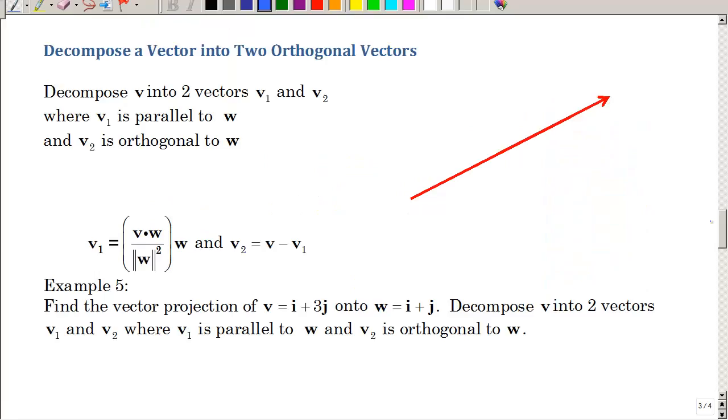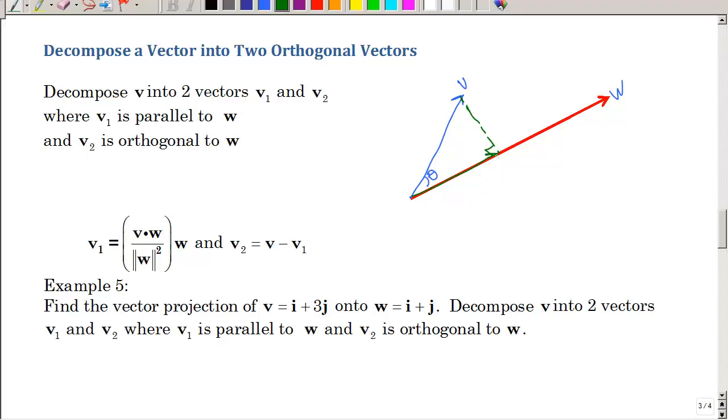The next thing we're going to do is take a vector and decompose it. We're going to break it apart into components. Now you're going, well, we've done that before. Yes, but those were vertical and horizontal components. What if we wanted it compared to not the x and y axis, but to another vector, say w? So we're going to take a vector v at some angle, and we're going to project it, or break it apart into components according to w, which means we're going to drop a perpendicular.